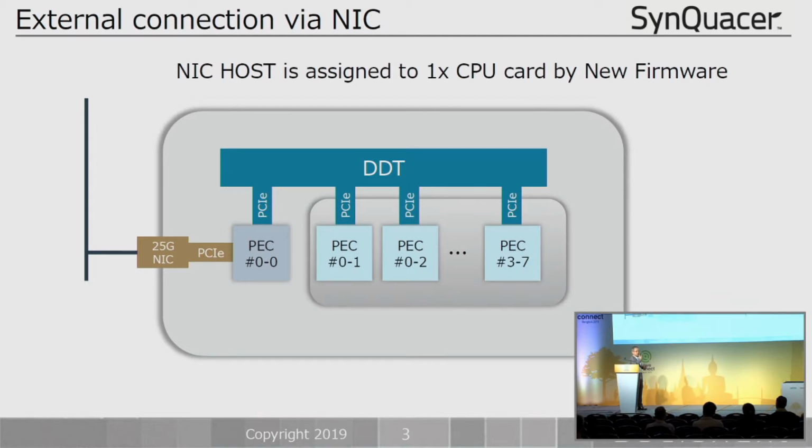The external Ethernet connection to that host PEC can be distributed to the other PECs inside the server. So that means we have 32 CPU cards inside, 31 for the real functions and one dedicated to the network card.